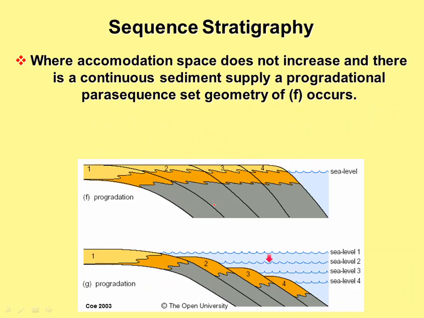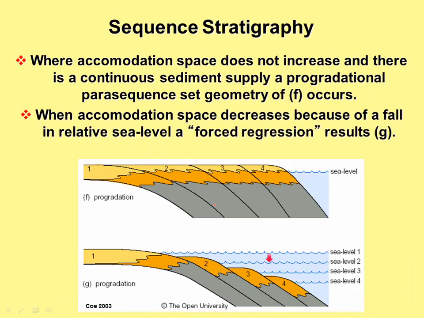You have a similar effect here with progradation, but in this case we have a lowering sea level in addition to the oversupply of sediment, as it were. And when the accommodation space decreases because of the fall in sea level, which is what we're seeing here, that's what's referred to as a forced regression that was asked about earlier. So you've got the two kinds of regression here. You've got the depositional regression and the forced regression.